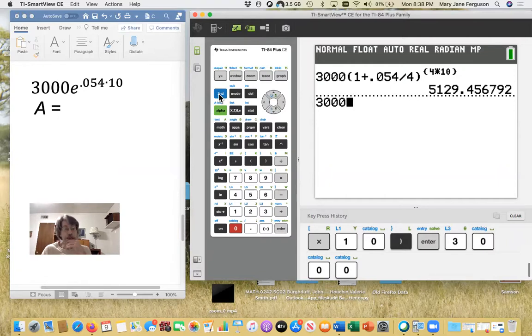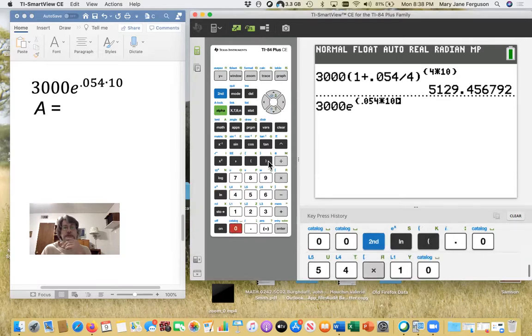So you have to hit second function, followed by the log button, which will give you the e to the exponent. Again, for quantities in exponents, it's best to keep those in parentheses, and then it would be 0.054 times 10, close the parentheses, and the answer is this.